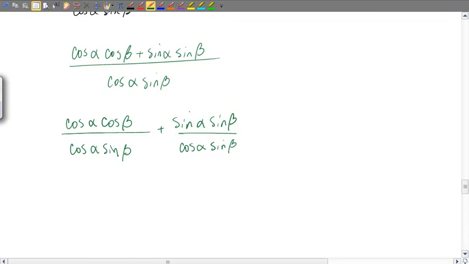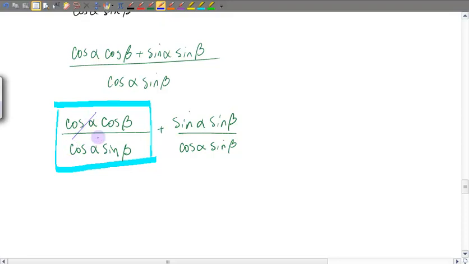Now that I have it written as 2 separate fractions, notice that each fraction is all in what I would call factored terms. Something times something and something times something. In other words, that allows me to cancel common terms.